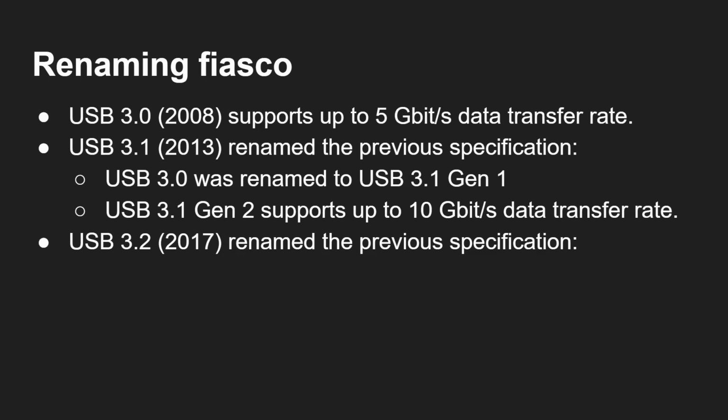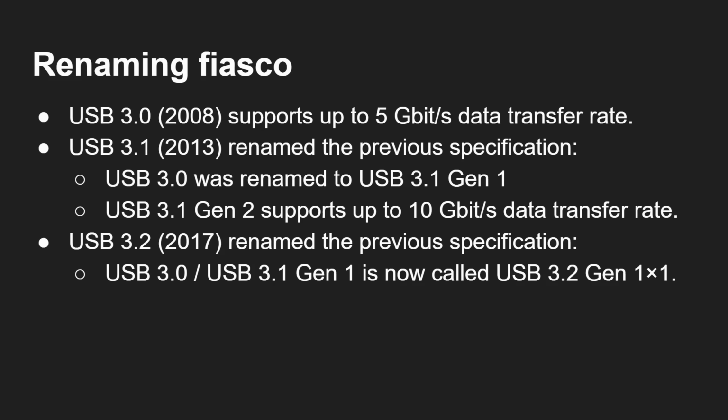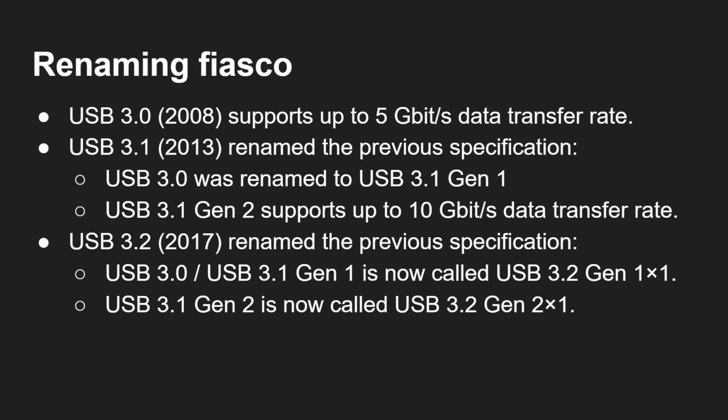But it doesn't stop there, because then we had USB 3.2 in 2017 and that renamed things as well. So USB 3.0 and USB 3.1 Gen 1, which were the same thing, is now called USB 3.2 Gen 1 X1. And USB 3.1 Gen 2, remember that's the 10 gigabit one here, that now gets called USB 3.2 Gen 2 X1.